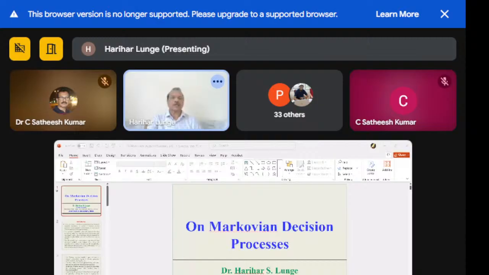As we all know, Howard in 1960 used this basic principle from the Markov chain, that is, the combination of the Markov chain and dynamic programming, to develop the policy iteration algorithm for solving the probabilistic sequential decision process with the infinite planning horizon.